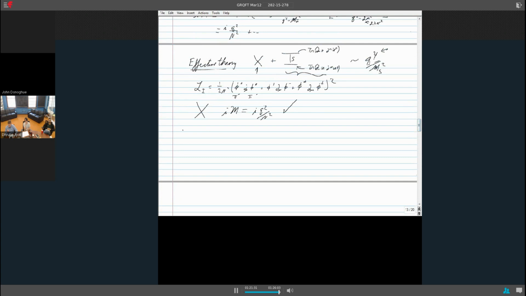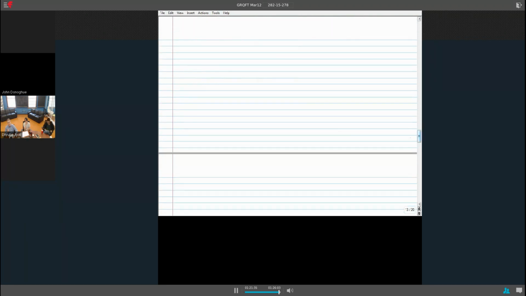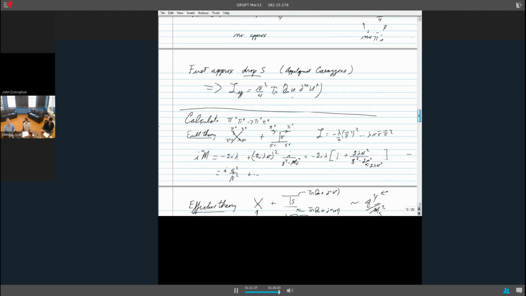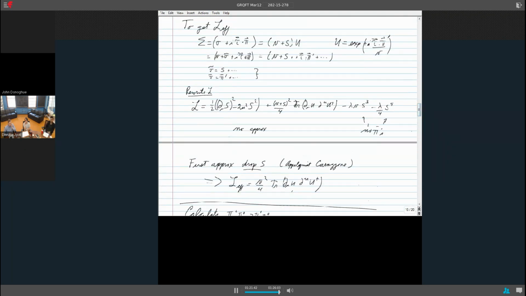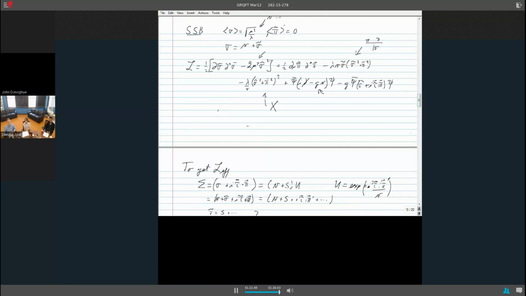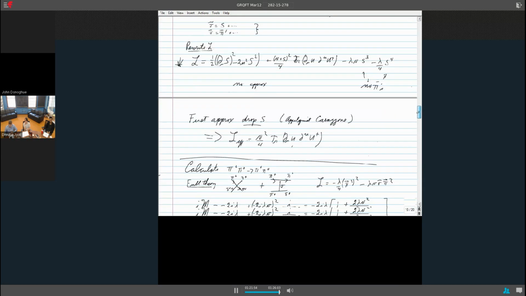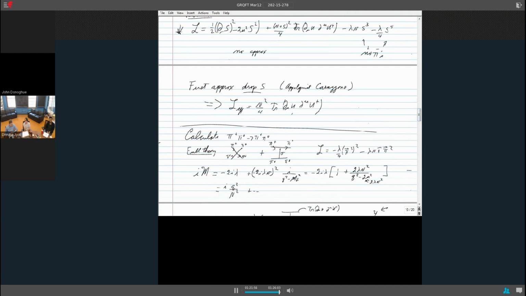I've had to do a little Taylor expanding to get there. But then I calculate this vertex here, and I get iM. I get a derivative on the pi zeros and a derivative on the pi pluses and pi minuses. They both give me a factor of q. I get i q squared over v squared, just in agreement with the calculation before.